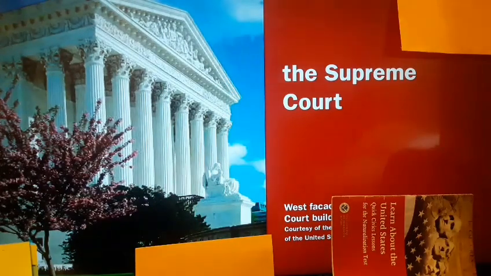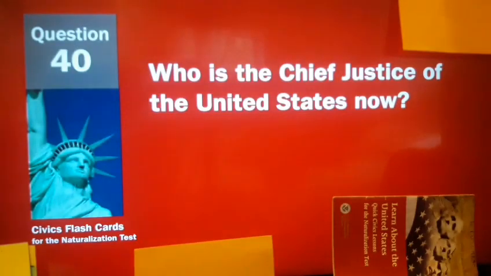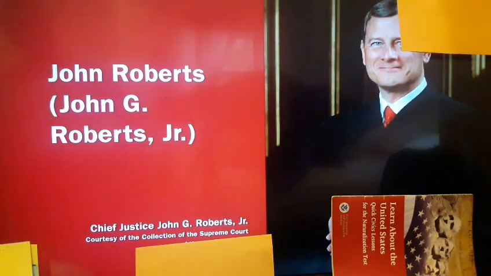The Supreme Court. How many justices are on the Supreme Court? 9. Who is the Chief Justice of the United States now? John Roberts, or John G. Roberts, Jr.